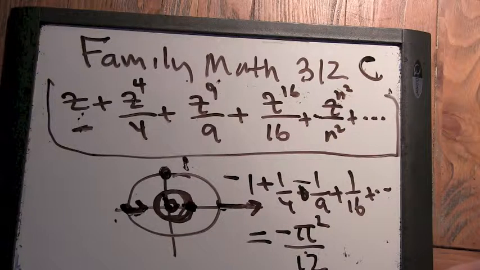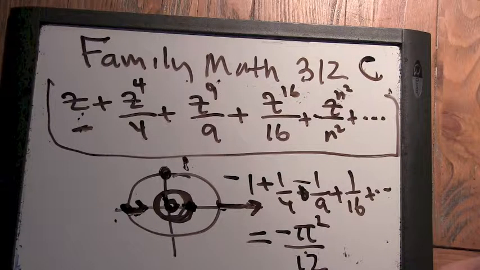Well, i cubed is not 1. i cubed is i squared times i, that's i times negative 1.